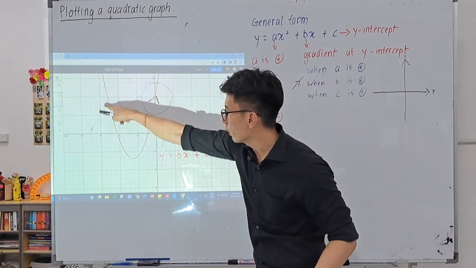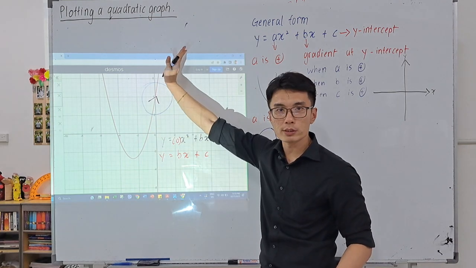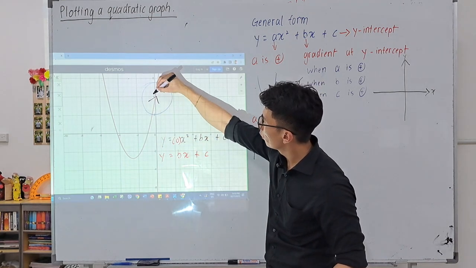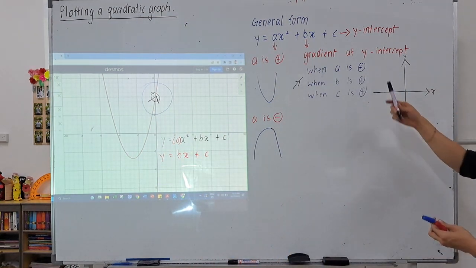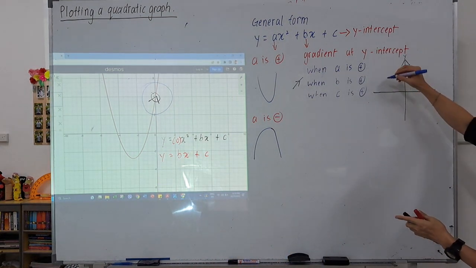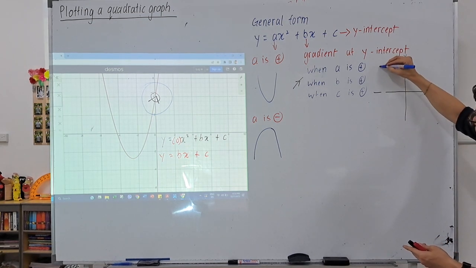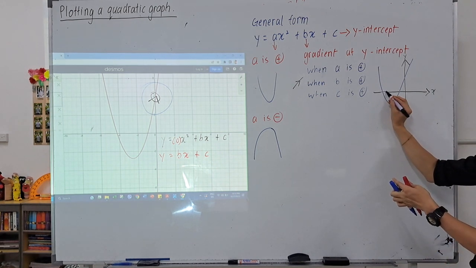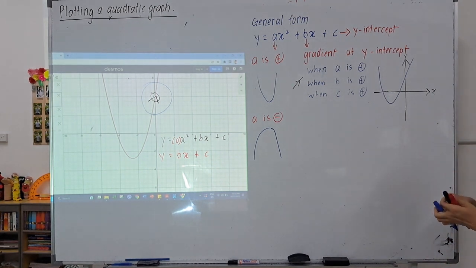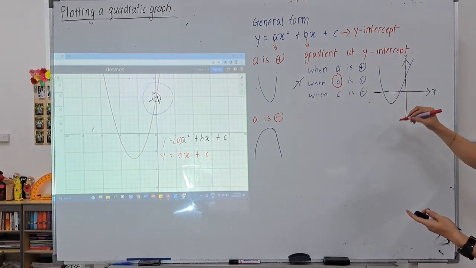The value of B is positive, so it's going upwards, and it cuts through the y-axis at the positive part. Okay? So if I were to sketch this out, it will look something like this. Again, what we are focusing on is the value of B over here.